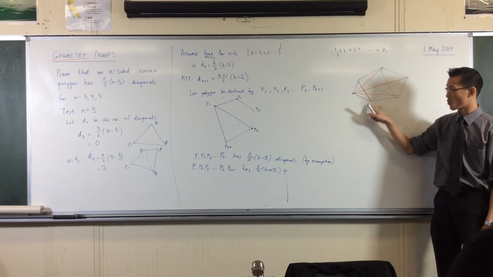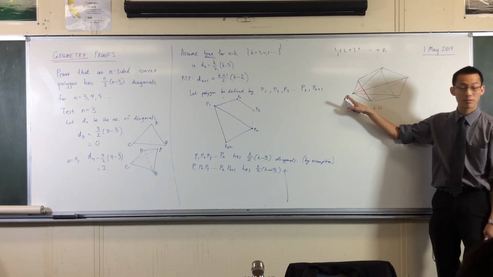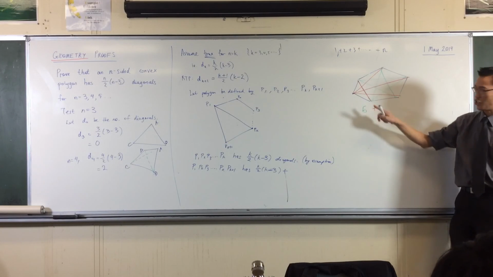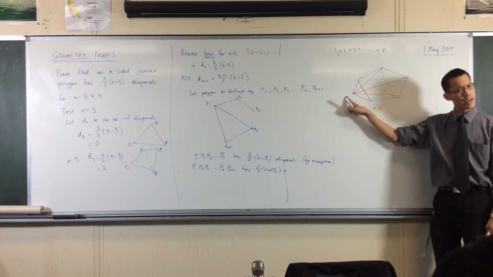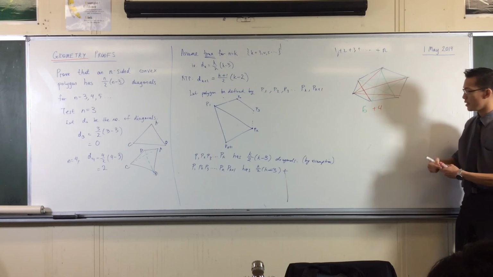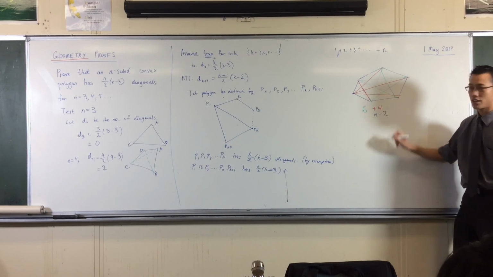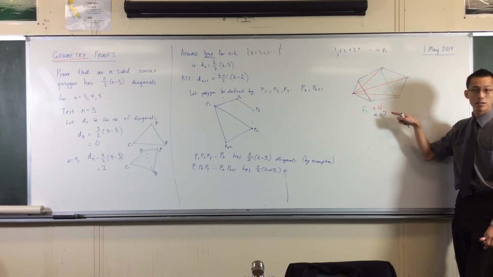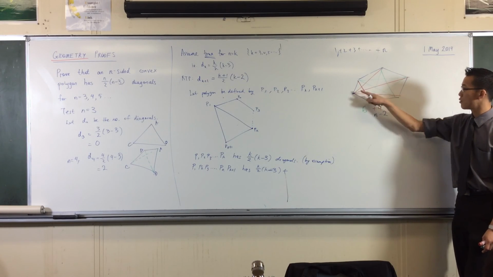I suppose you could say there's 3 because I can't form a diagonal with myself. So that's why I get 3 here, but I'll always get 1 more, which is not from this point. So it's 4. Surely, this is n minus 2, right? 6 sides, 1, 2, 3, 4.